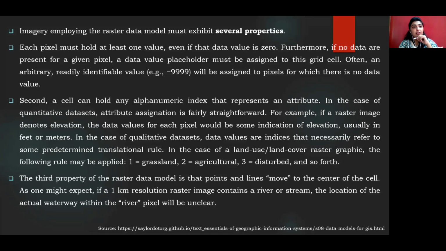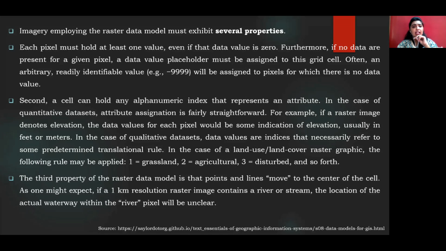The third property of the raster data model is that points and lines move to the center of the cells. So, as one might expect, if a 1 kilometer resolution raster image contains a river or a stream, the location of the actual waterway within the river pixel will be unclear. I would just finish it off with this, that the points and lines move to the center of the cell.